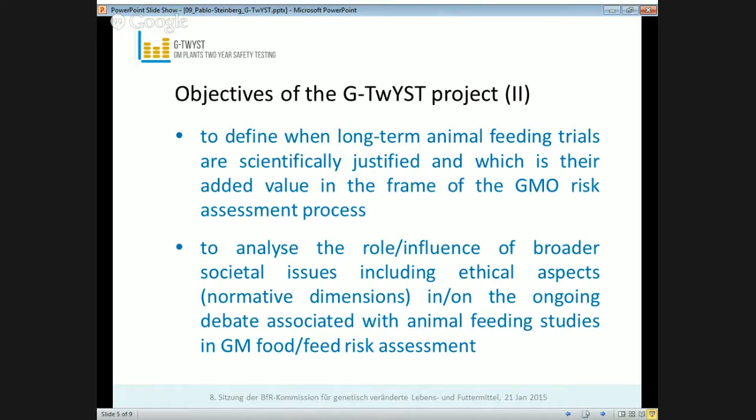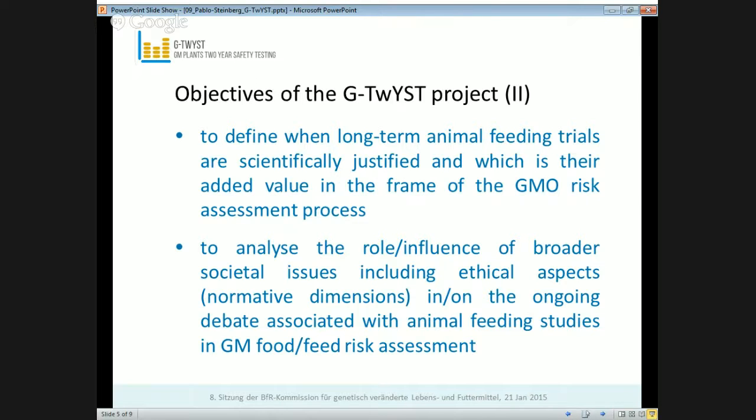The next point is a very important one, also taking into account animal welfare, and that is, when are long-term animal feeding trials scientifically justified? That is, to try to define the triggers for a long-term animal feeding trial. When I speak of long-term, I'm speaking of 12 or more months, up to 24 months.